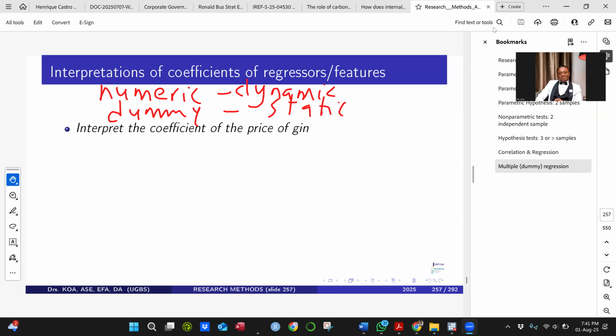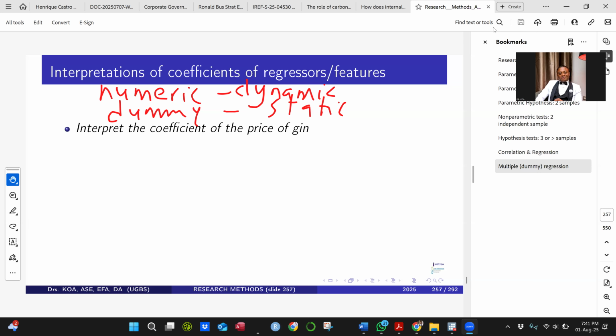So what this means is that we are looking at, so what is being influenced is not just the quantity demanded of brukutu gin bitters, but rather the variability. The variability.